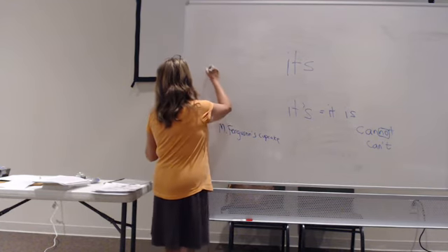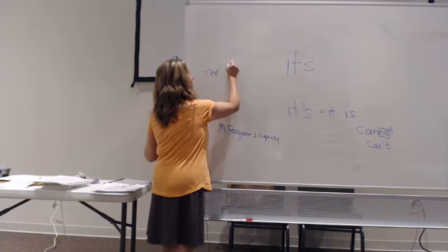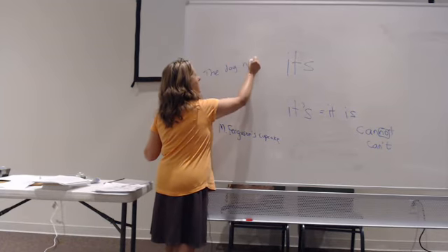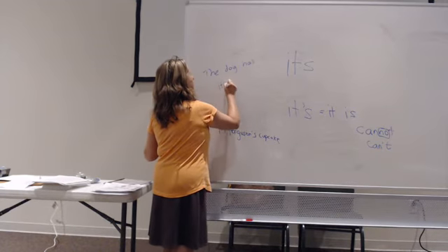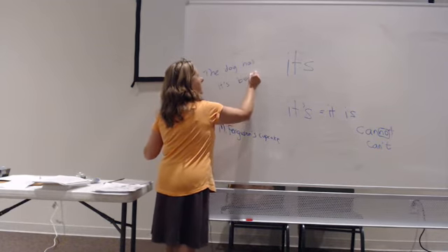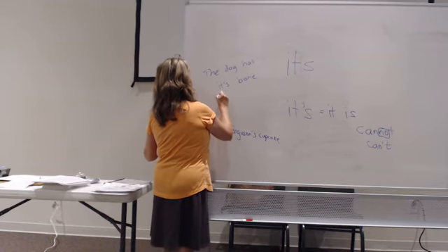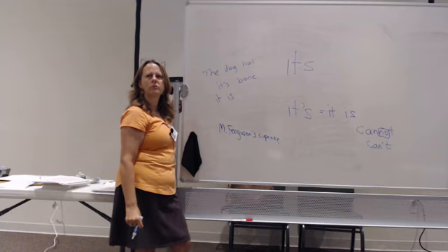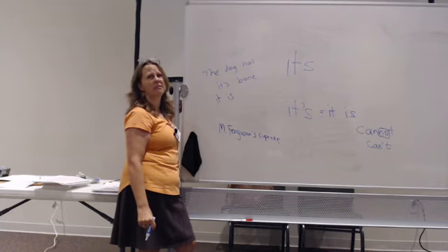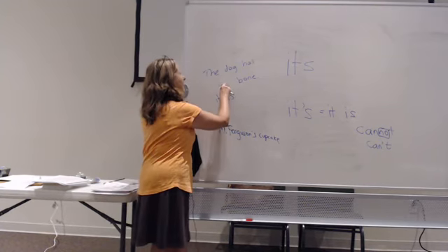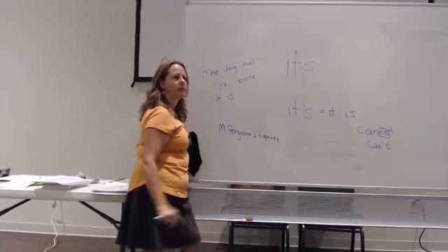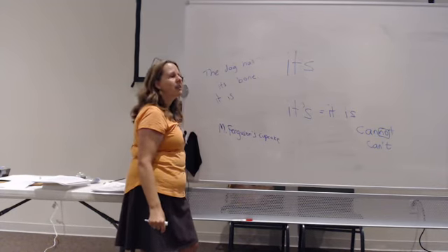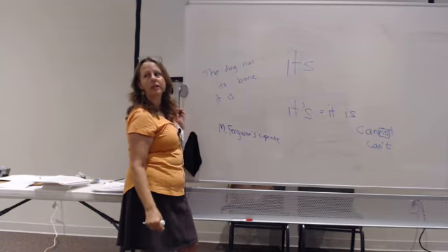So the dog has its bone. If I can't write it is, the dog has it is bone. That is not what I mean. So that means I can't use the apostrophe. This is possessive. And I don't think my one pep talk here is going to cure you.